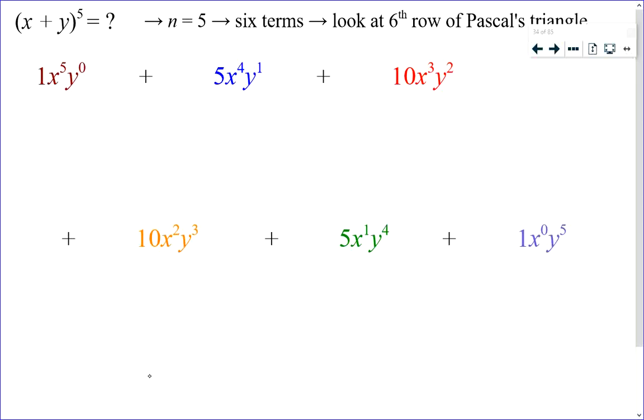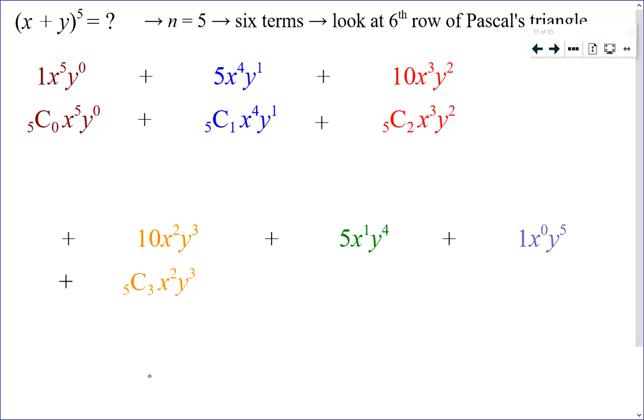But the very final example yesterday illustrated the fact that that 1 is 5 choose 0, that 5 is 5 choose 1. The numbers in the 6th row of Pascal's triangle are 5 choose 0, 5 choose 1, 5 choose 2, 5 choose 3, 5 choose 4, and 5 choose 5.